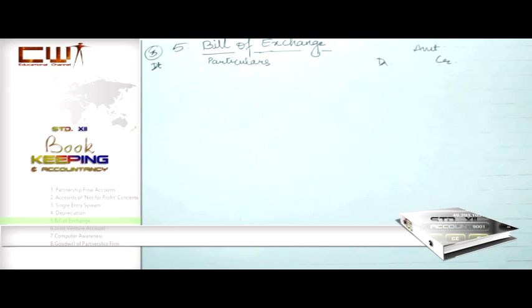Mr. Bakshi accepts the bill and returns it to Kumar. Then you have the second phase which starts. Kumar discounted the bill with his bank. Now he wants early cash and he has discounted the bill at 10% on the same day. That is, on 1st May only you have got the bill discounted. On 1st August 2008, Mr. Bakshi requested Kumar to renew the bill.